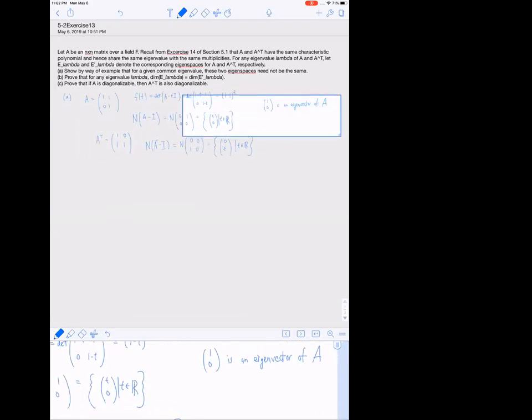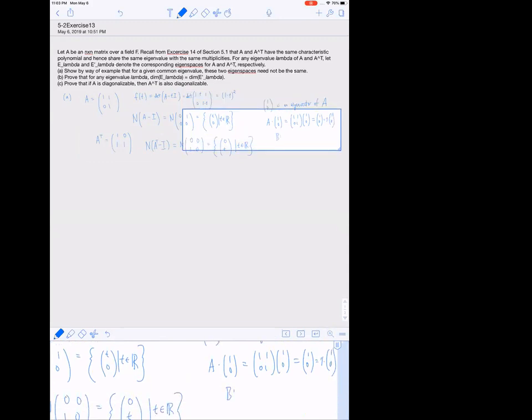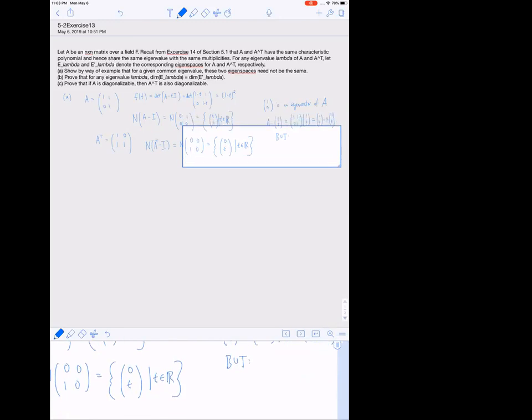So let's really check this. A times 1, 0 is 1, 1, 0, 1 times 1, 0. That'll be 1 plus 0 is 1, and 0 plus 0, 0. Yep, that is in fact 1 times the vector we started with, 1, 0. But what is A transpose times 1, 0?